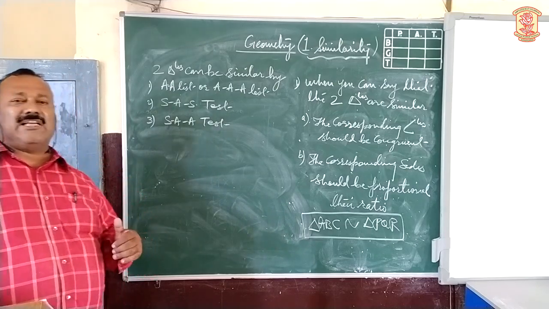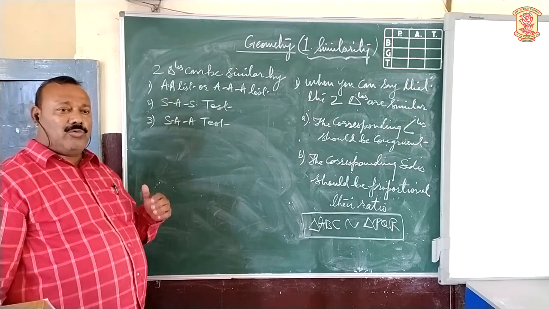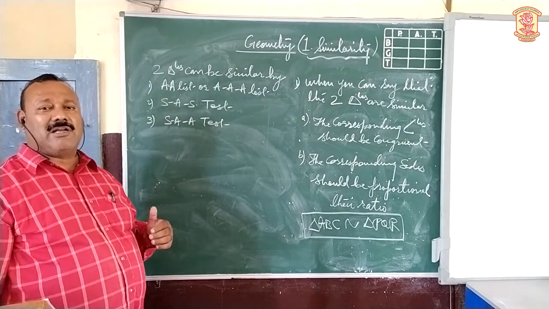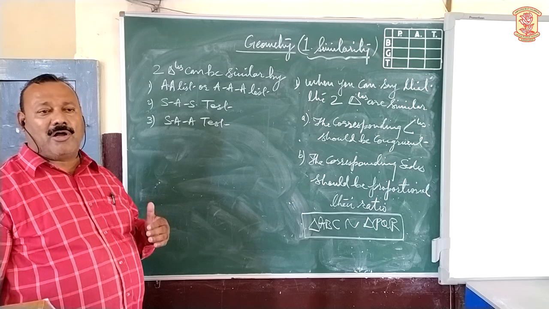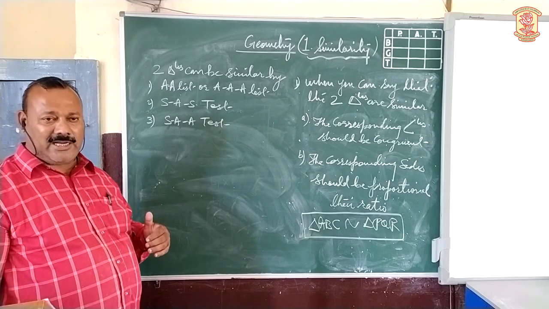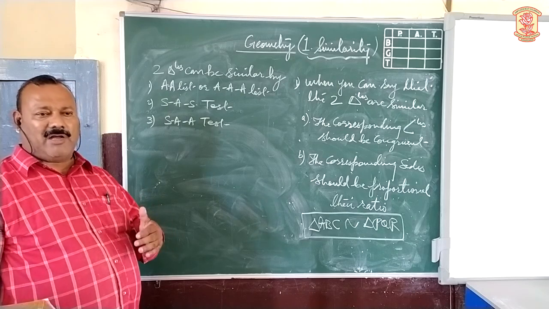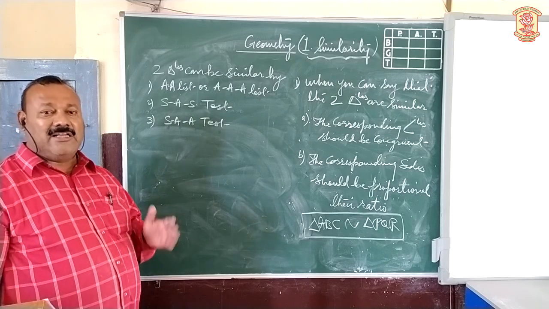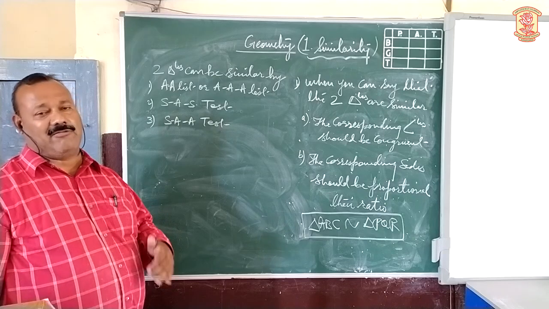The ratio of the area of the first triangle upon the second triangle is always equal to 1 upon 1, and their areas are always equal.